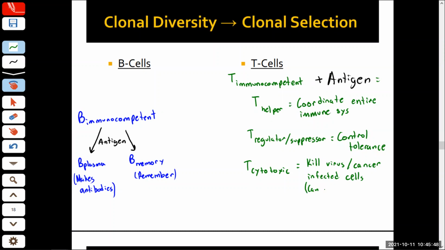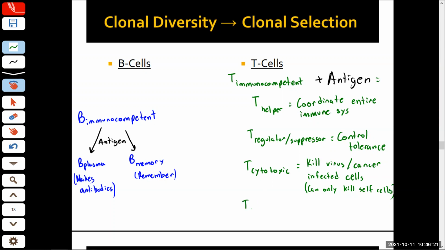Can only kill self cells. They can only kill self cells infected with a virus or cancer. Because virus lives on inside of you. Cancer lives on inside of you. Okay? So your T cytotoxic cells, are they good for attacking new bacteria? Only your own cells. So your own cells that are infected with a virus or cancer.